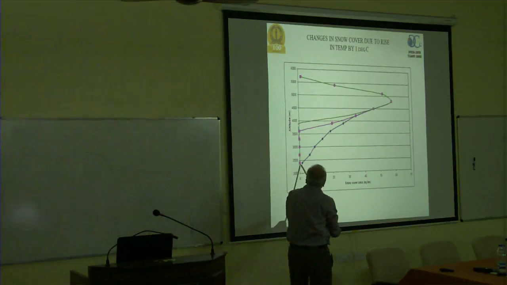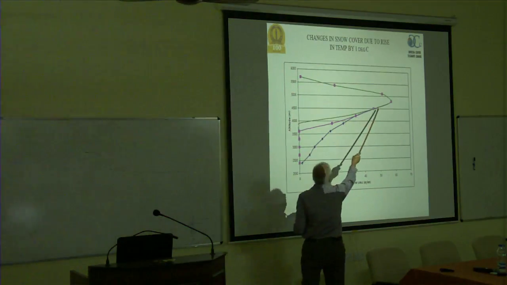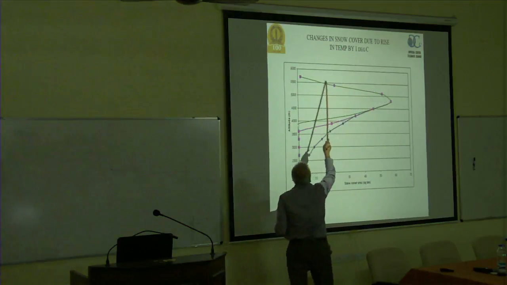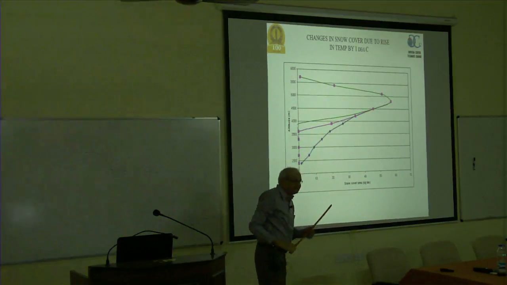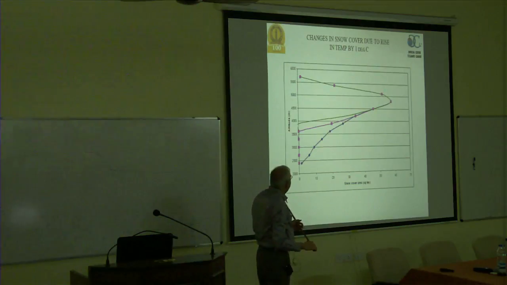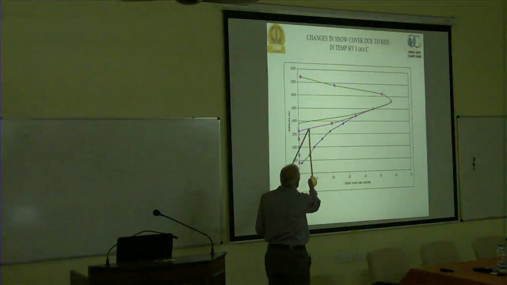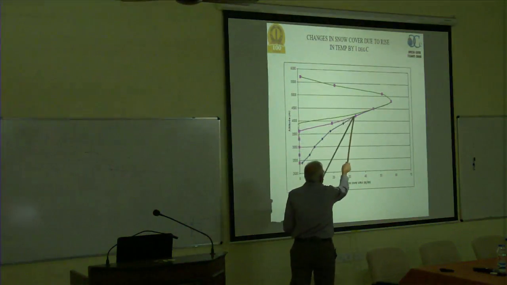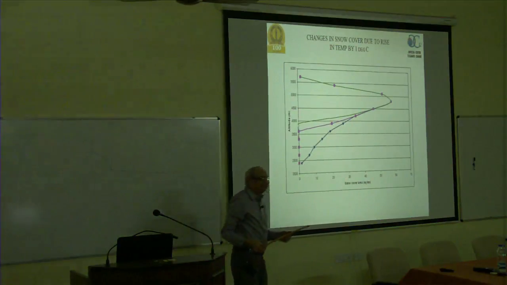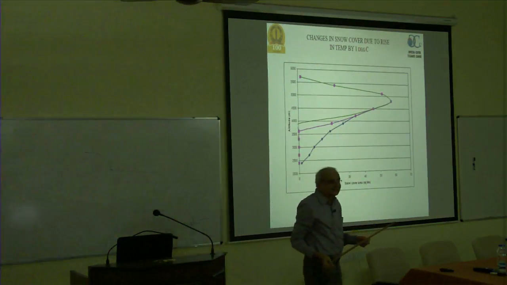So this is the area altitude distribution of the basin, correct? Then this is the present area altitude distribution of snow cover.